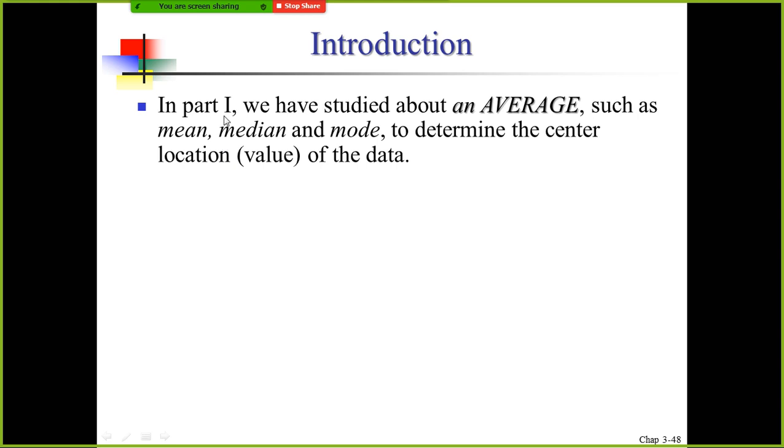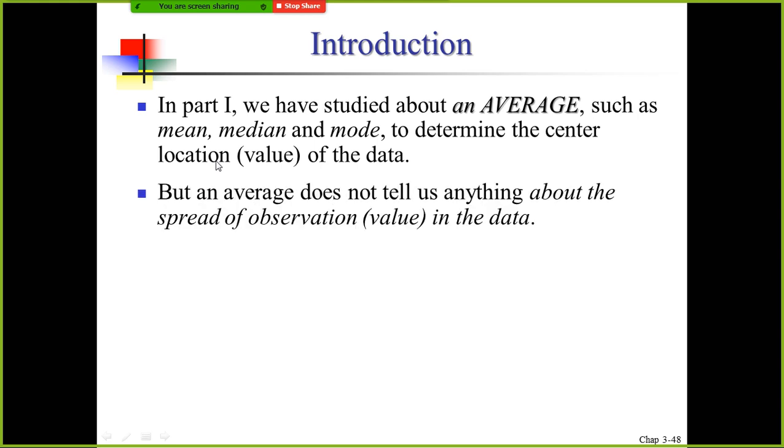To find the average value, we find mean, median, and mode in order to determine the central tendency or central location of our dataset. But an average does not tell us anything about the spread of observations, the spread of values in our dataset.